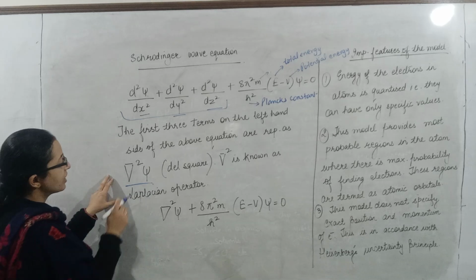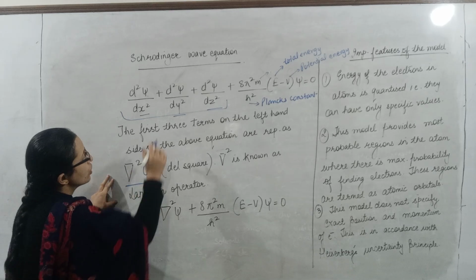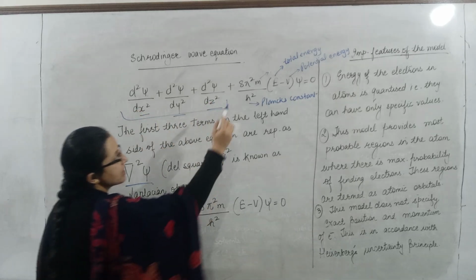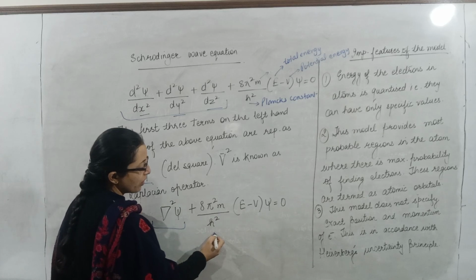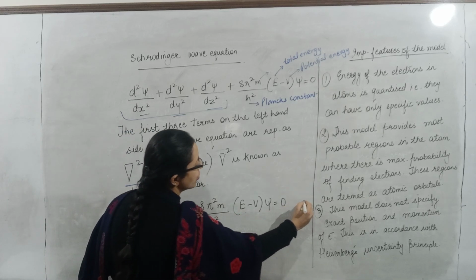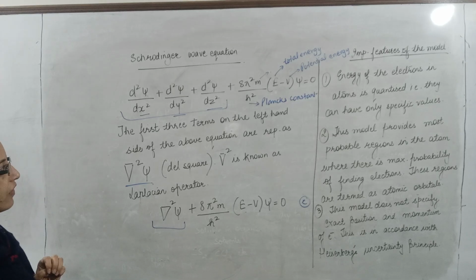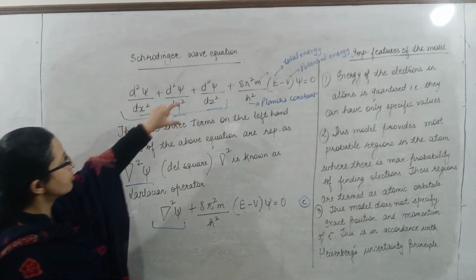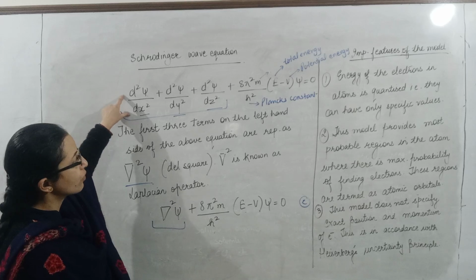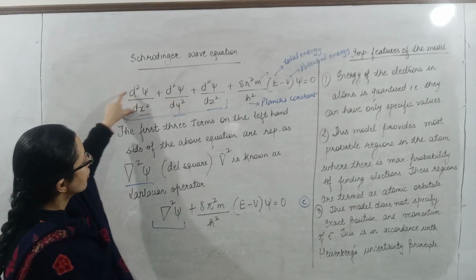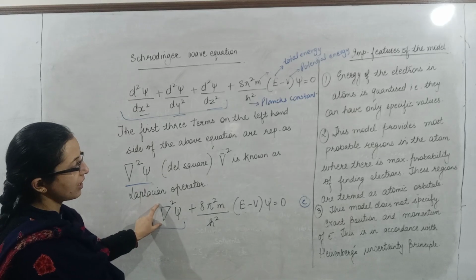Right? They're represented as del square psi. So in place of these three terms, we can write del square psi plus 8 pi square m upon h square (E minus V) psi equals to 0. Okay? This is another way to represent the Schrodinger wave equation. So ये पूरा जो this equation is a partial second order differential equation. So this part we are representing as del square psi.